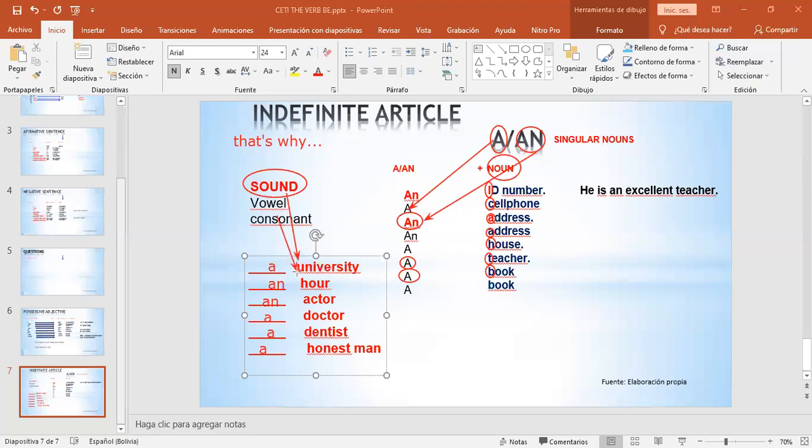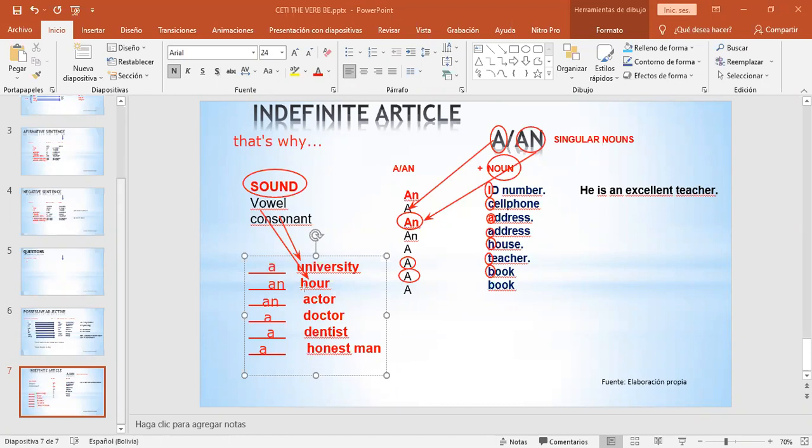Okay, I said focus, please. So what do you know now? University is a consonant sound and it's not a vowel sound. And hour, it's a vowel sound. The H disappears.